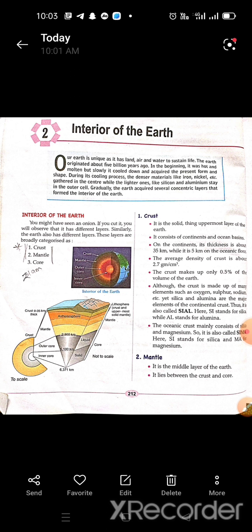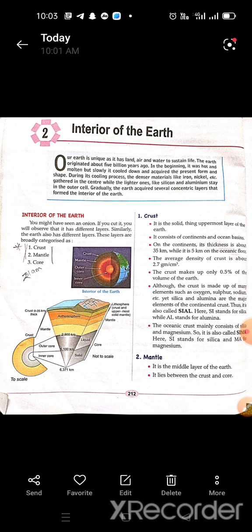So, interior of the earth. You might have seen an onion. If you cut it, you will observe that it has different layers. Similarly, earth also has different layers. These layers are broadly categorized as crust, mantle, and core.